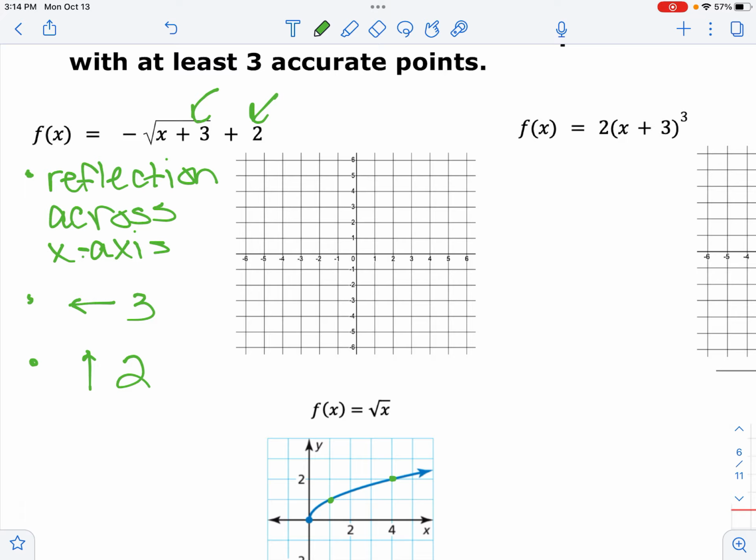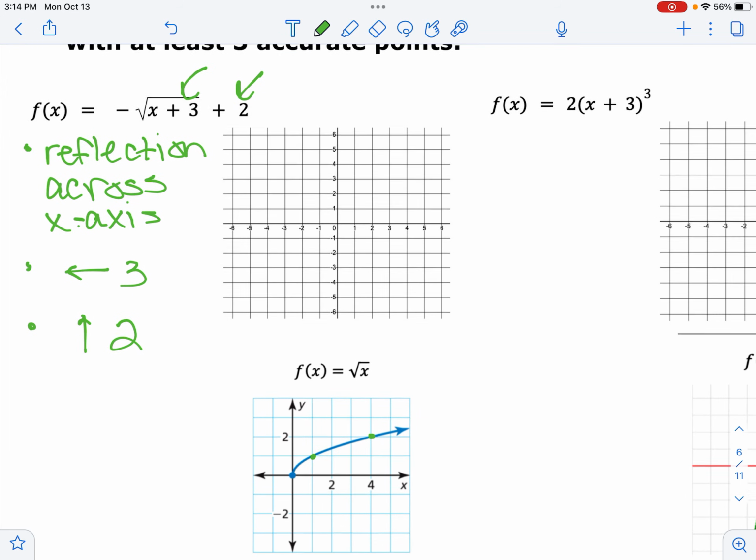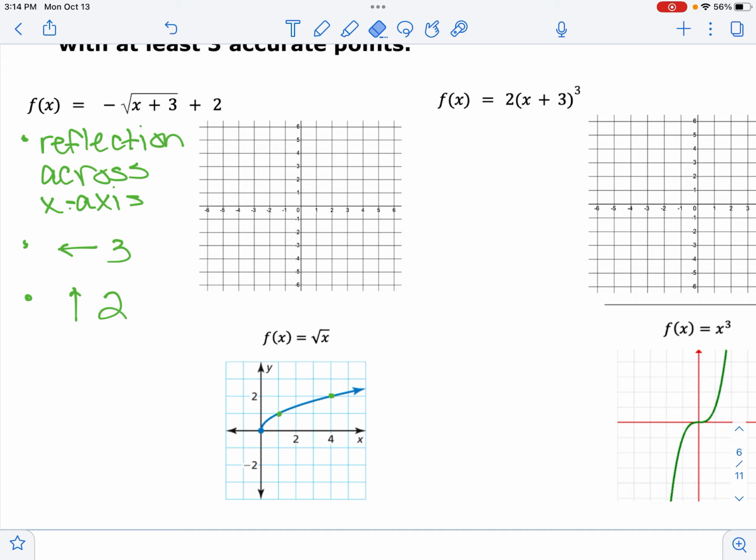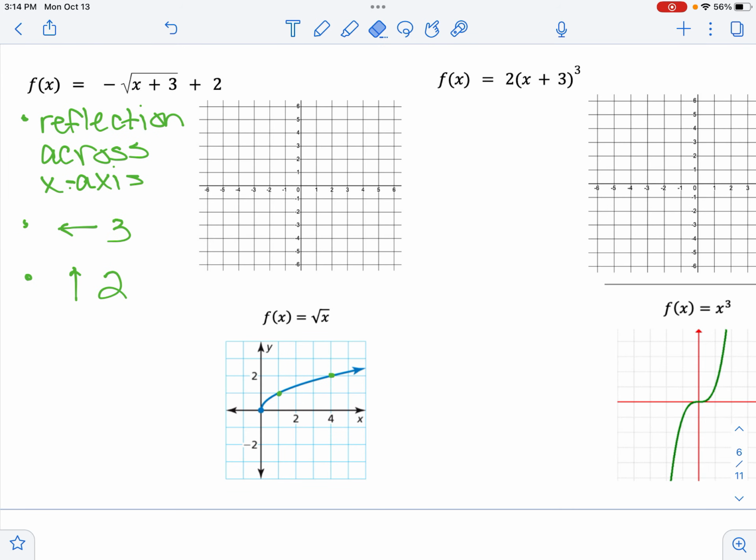And since it's plus 2, it moves it up. So we just really need to identify these 3 things. And we've done that. And now we can use that information to help us graph. Okay, so the parent function is this one down here in blue. And we want to take that and we want to basically reflect it and then move them to the left 3 and then up 2.